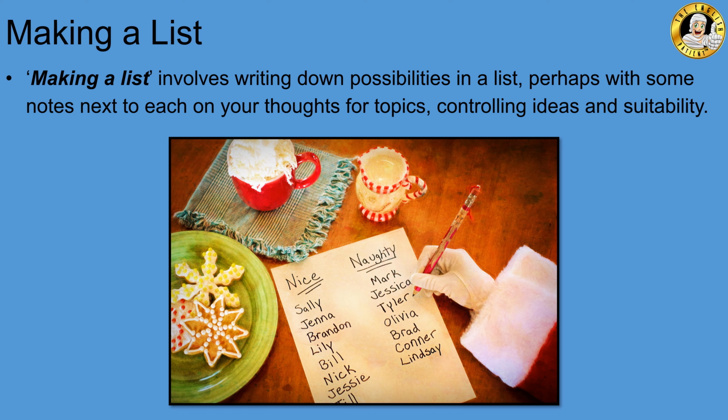So making a list simply involves writing down the possibilities in a list, perhaps with some notes next to each on your thoughts for topics, for controlling ideas, for support that might be suitable for them, and you might make notes on the suitability of your selections.